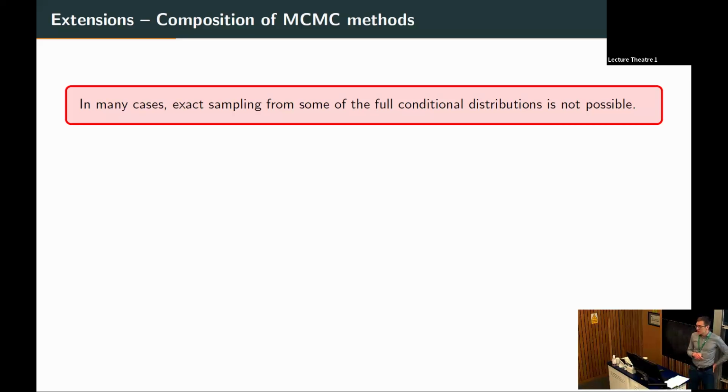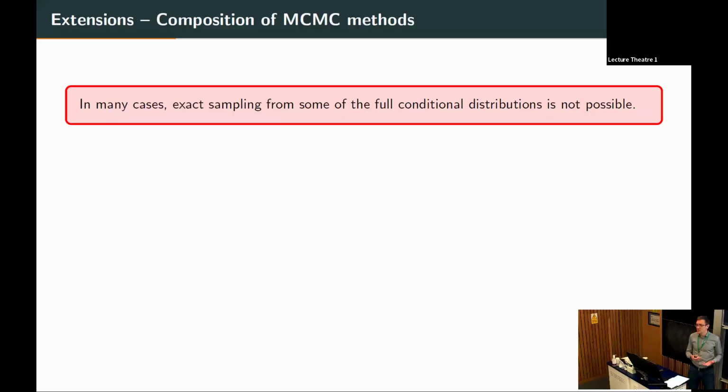But in many cases, even these conditionals can be difficult to compute exactly and sample from exactly. But we can still make use of the same idea with Gibbs sampling, but instead target these conditionals using some other MCMC procedure. The point with this is that we can take this high dimensional problem that we started with and break it down into a sequence of lower dimensional problems, and then we can design MCMC samplers for lower dimensional conditionals.